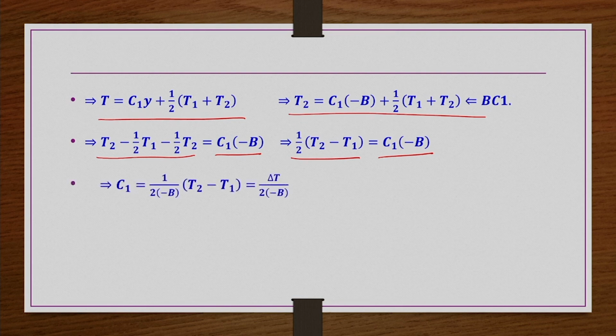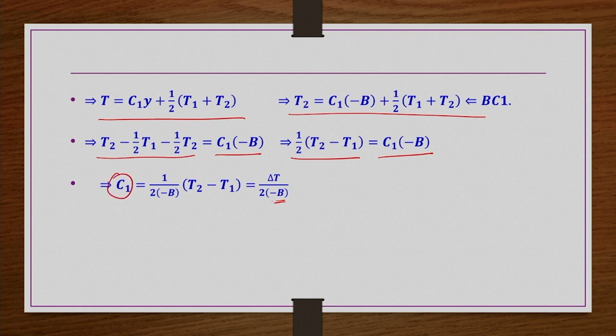So from here C1 equals (T2 minus T1)/2 times minus b. T2 minus T1 we write as delta T, and I am not writing this as delta T divided by minus 2b, so let us keep it as it is. There is a reason for this simplification later on. So C1 equals delta T/2 multiplied by minus b.